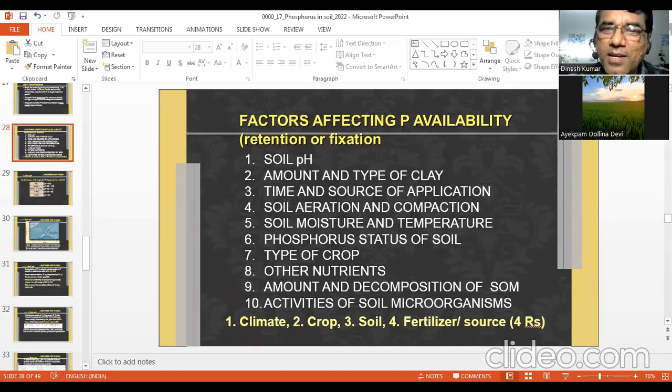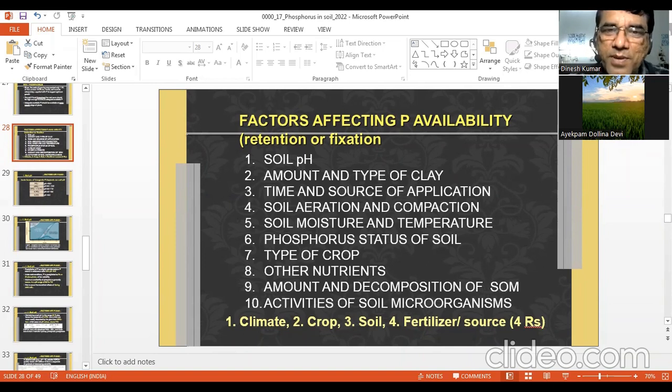Suppose you are writing about availability, then for example, soil pH: at the ideal pH, you will get more availability of phosphorus. And when it is fixation, you can say at lower pH it gets fixed, and at higher pH it also gets fixed. So the only thing is how you write it, but the factors will remain the same.